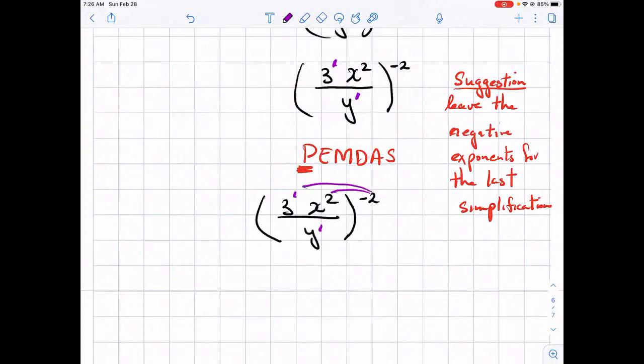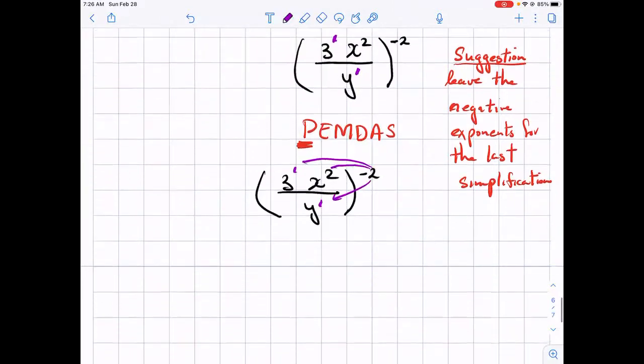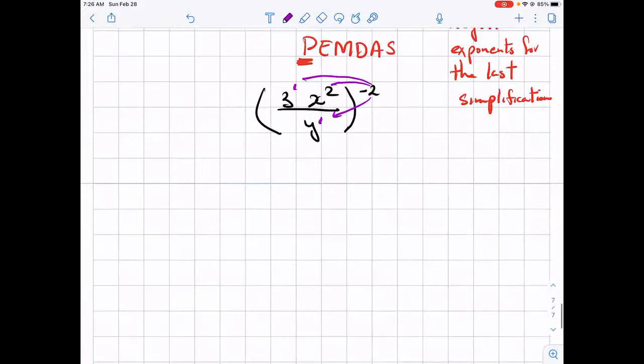Since we cannot simplify, we distribute. So what do we have? We now have 3 raised to the minus 2 power, x to the minus 4 power, and y to the negative 2 power. So I've simplified, I've distributed.